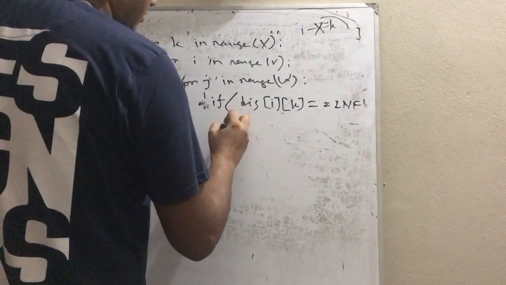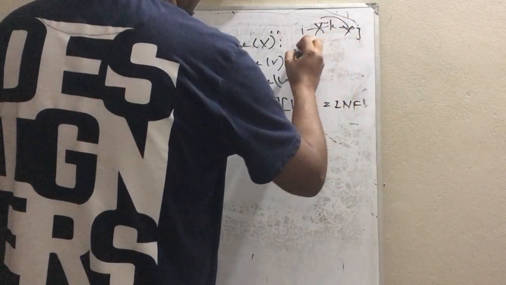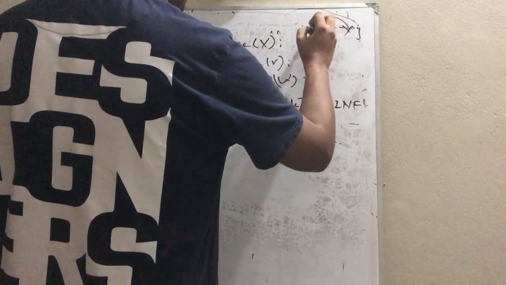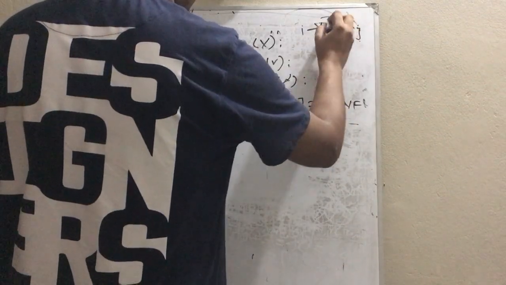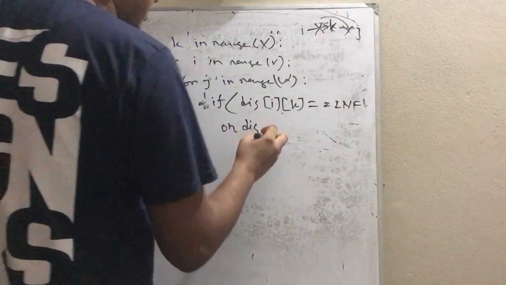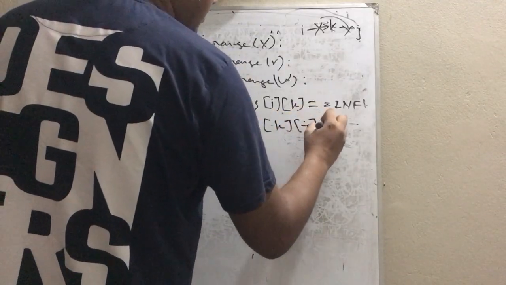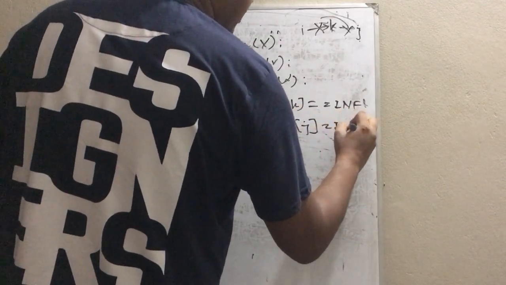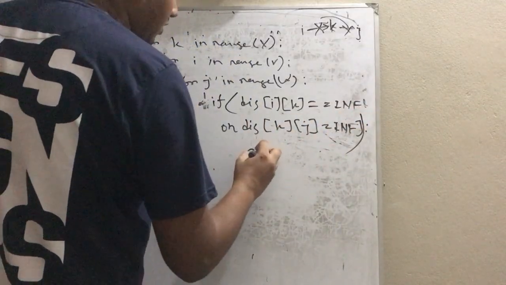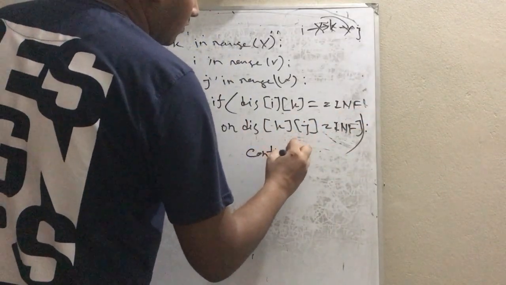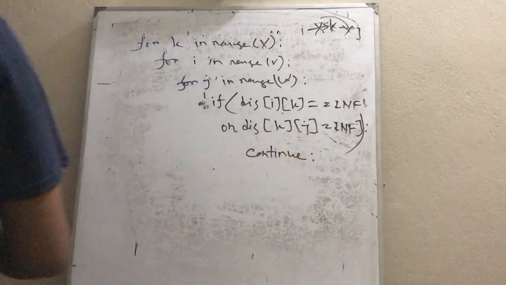Or k to j there is no path, so we cannot travel using k, so just disregard it. How to disregard? Distance k to j equal infinite. Infinite means there is no path. So continue means just ignore.